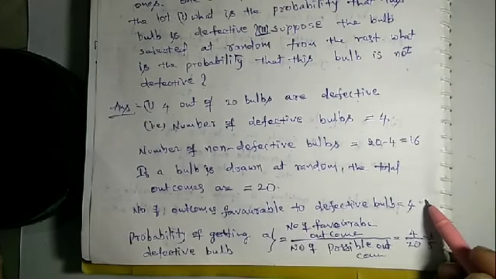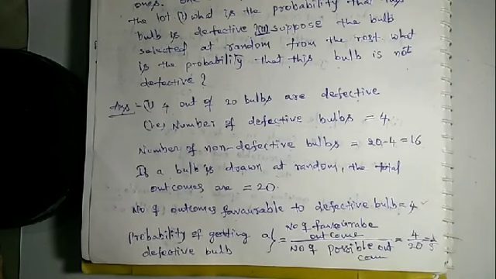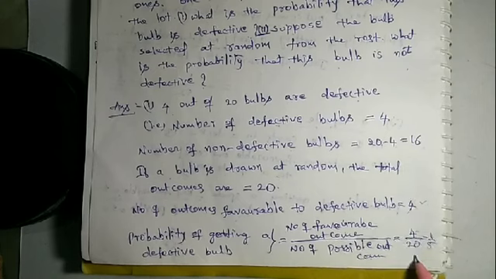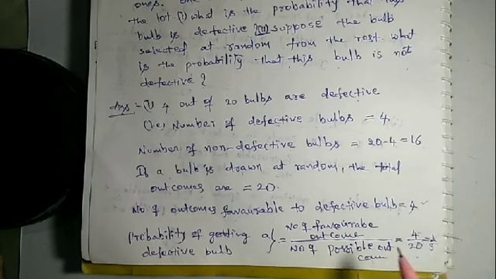Total defective bulbs are 4. So 4 by 20, that is equal to probability of getting defective bulb is equal to number of favorable outcomes by number of possible outcomes. That is, favorable outcomes are 4 and possible outcomes are 20. In this third problem, let's move to the second.